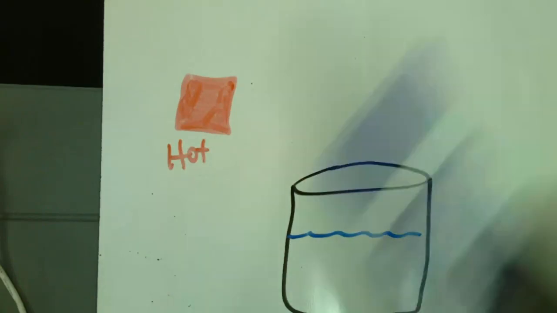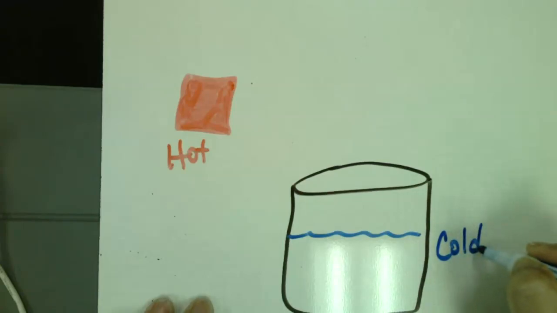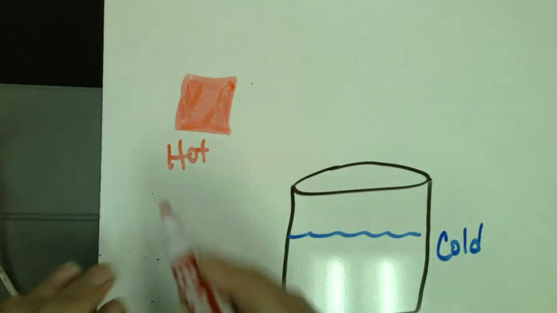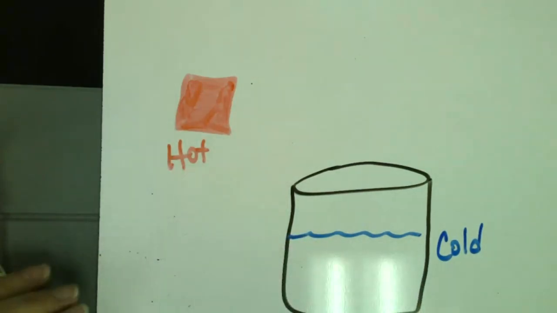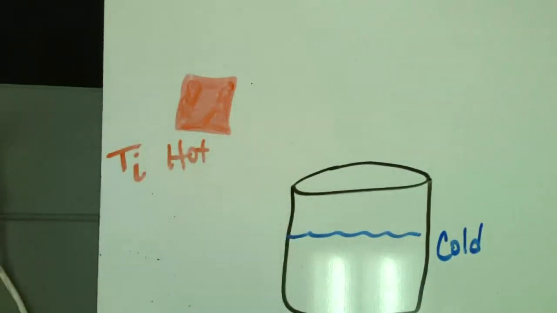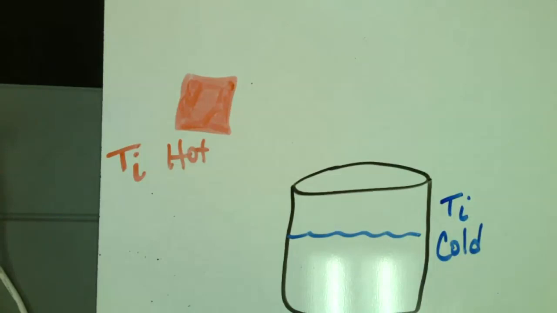And we're going to make the assumption that our water is starting off cold. Now, not so cold that it's going to freeze, but cold, okay? So the initial conditions for what we're dealing with, we'll say our initial temperature there is hot, and our initial temperature here is cold.